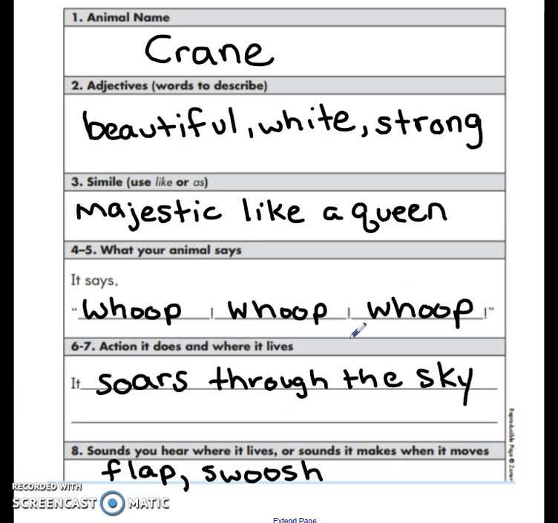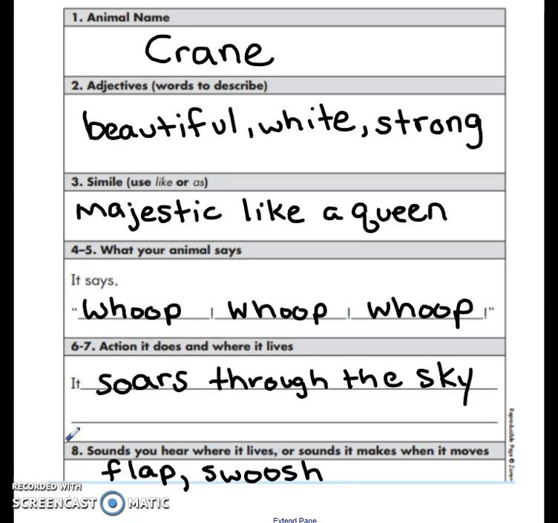So now my plan is complete. I've got my animal name, my 3 adjectives, a simile that describes it, a word that my animal says, and then an action and where it lives, soars through the sky. Then last, 2 more words or noises that the animal makes.